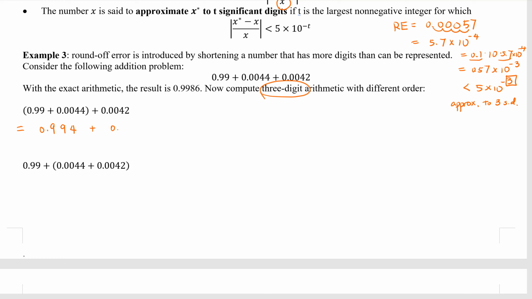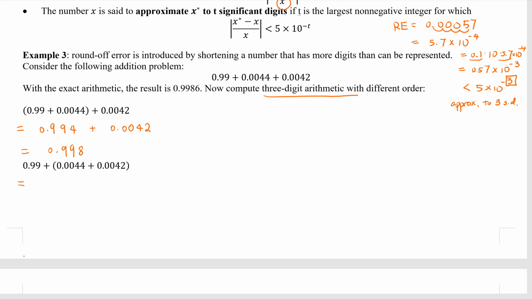And then when we add 0.0042, what do we get? We get 0.9982, but we only keep 3 digits. So that's why we only keep 0.998. Is that okay, everybody? Yeah, so only keep 3 digits. This is 3 digits arithmetic.